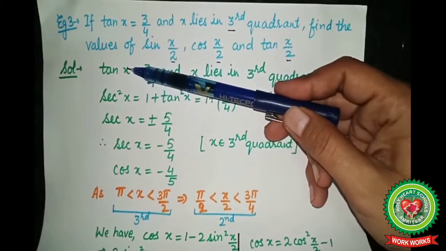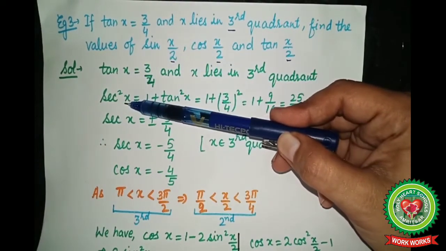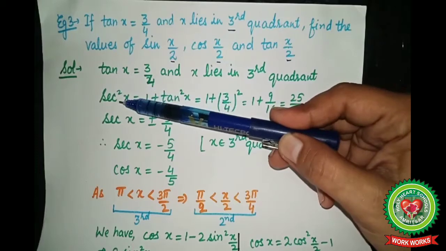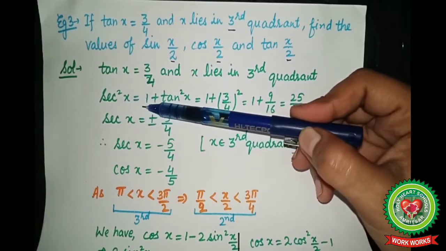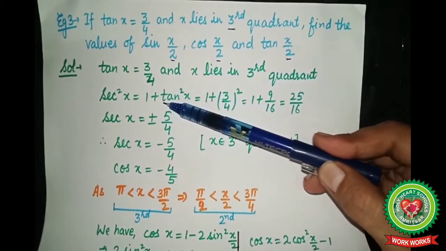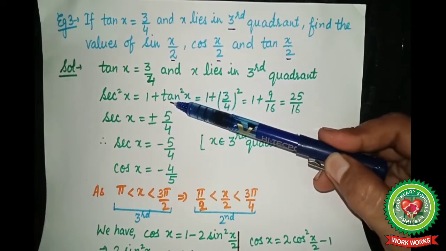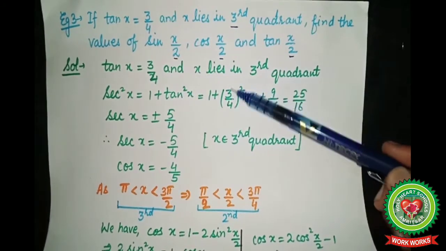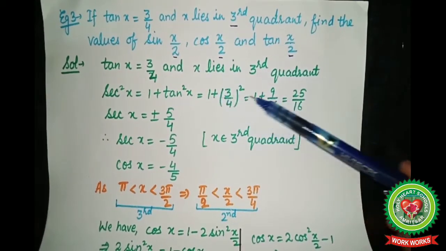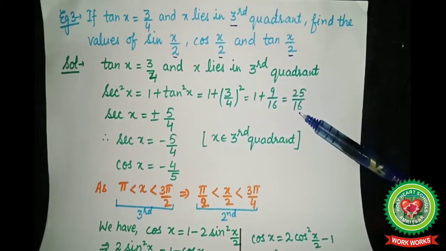So from tan we can easily find the value of secant. We have an identity, secant square x is equal to 1 plus tan square x. Now put the value of tan, it is 3 by 4 square, so 1 plus 9 upon 16. On taking LCM we get 25 upon 16.